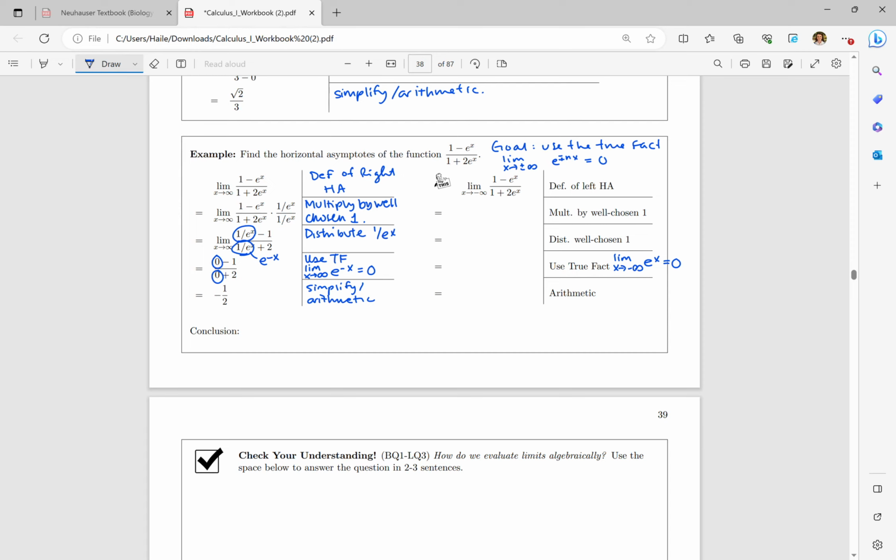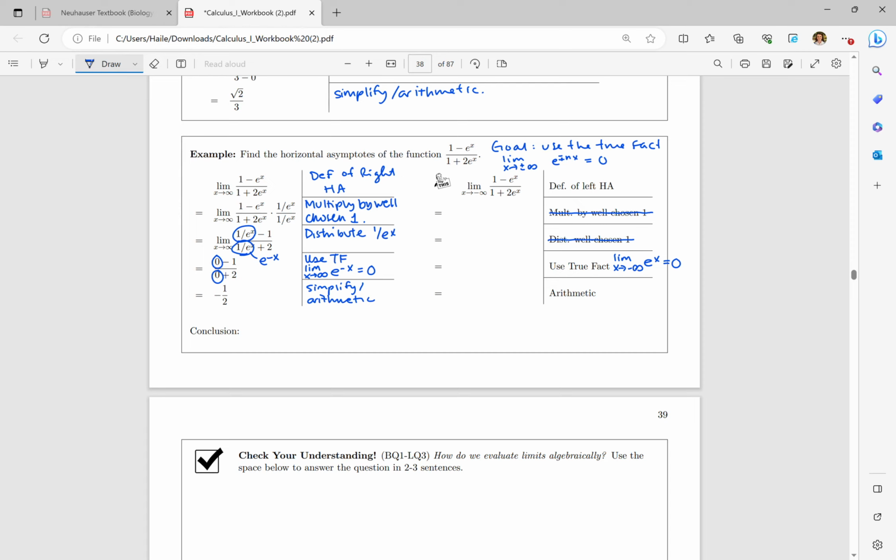The thing here, though, is I've put this multiply by a well-chosen one here to trick you. So in this case, we actually don't need to do this, because we already have e to the positive x in our problem. So what we can do is actually skip to the part where we use the true fact.